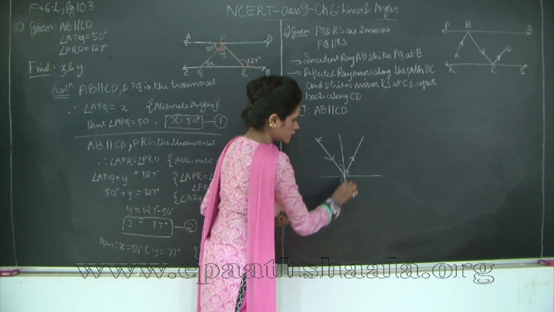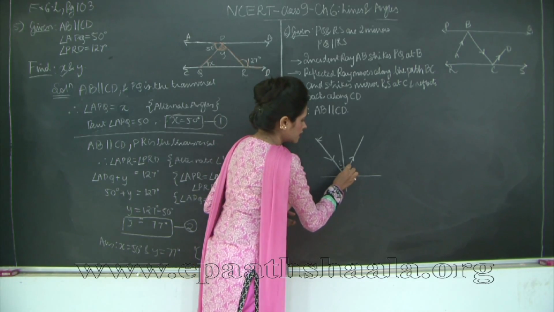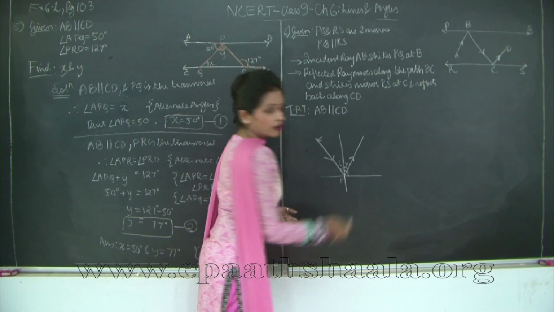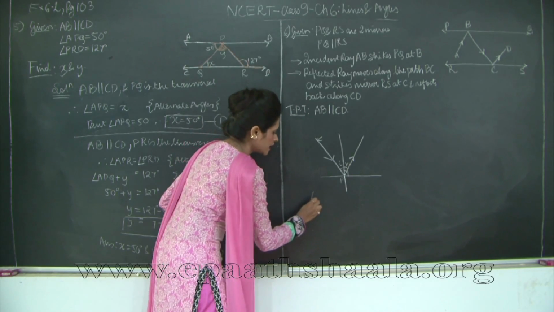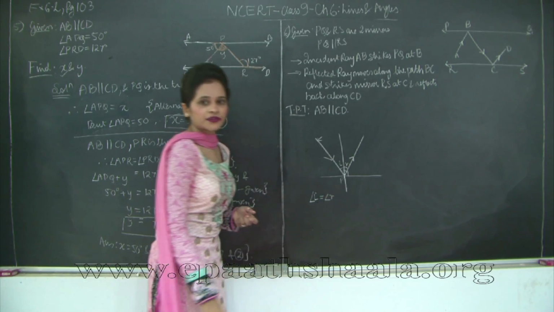This line is called the normal because it's perpendicular to the polished surface, and this angle is known as the angle of reflection, and you need to know that angle of incidence is equal to angle of reflection.